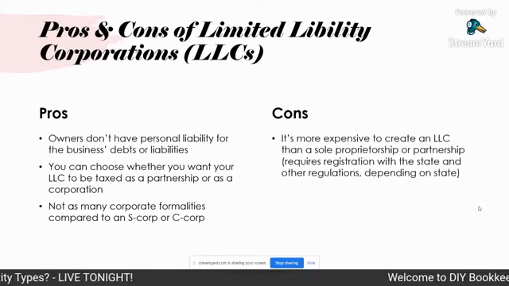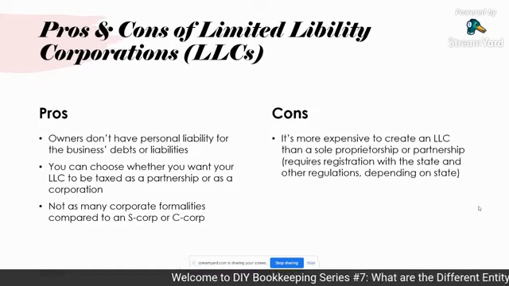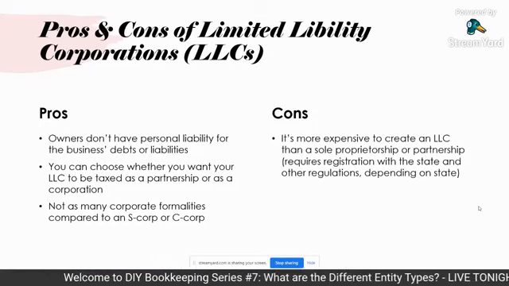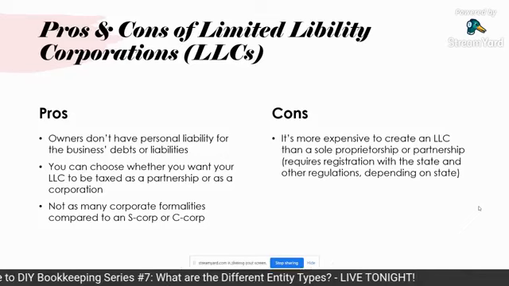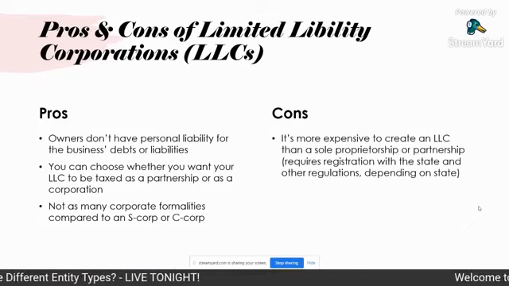Cons are it's more expensive to create an LLC than a sole proprietorship or a partnership. For a sole proprietorship, the only expense that you may have is the DBA, which, depending on the state that you're in, will depend on how expensive that is.